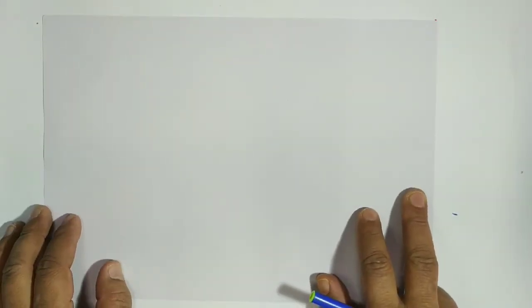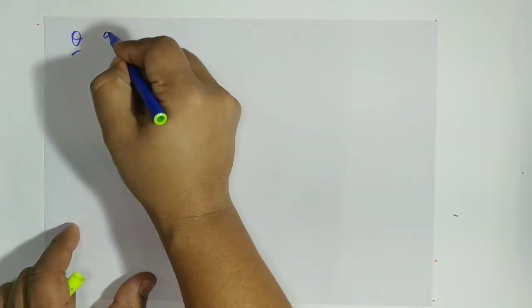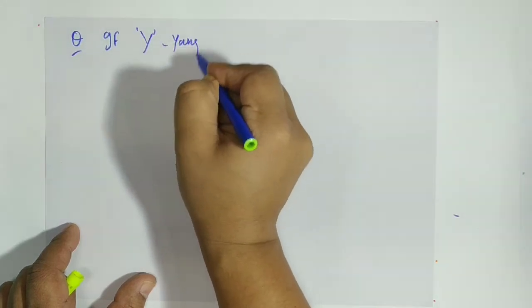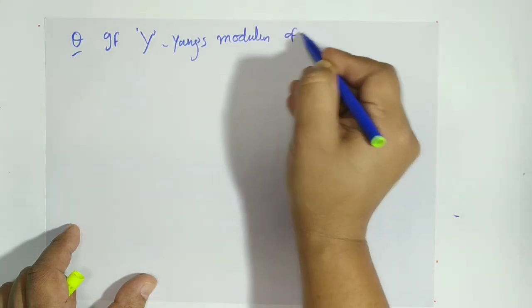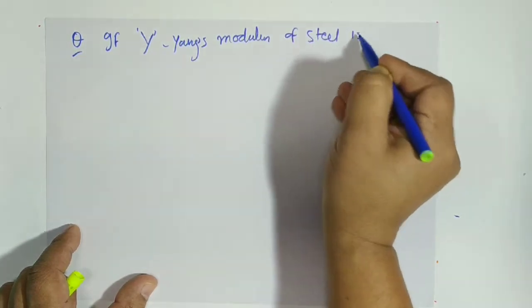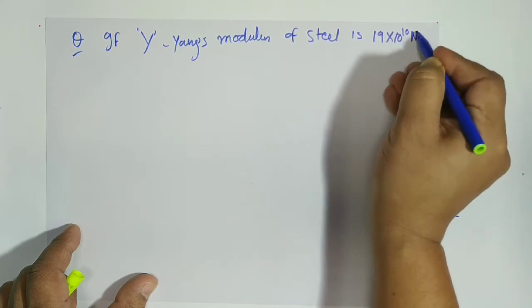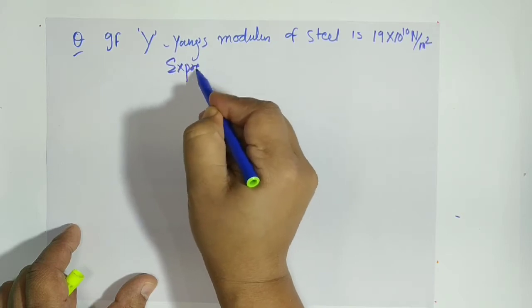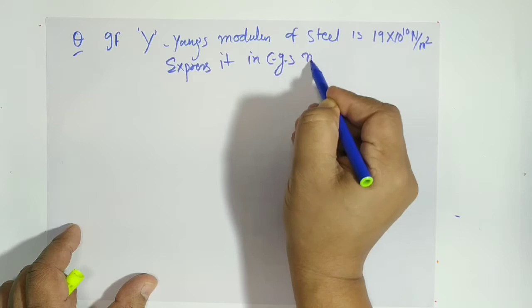So another example is that, say the question comes like this: if Young's modulus of steel is 19 into 10 to the power 10 Newton per meter square, now express it in CGS units.